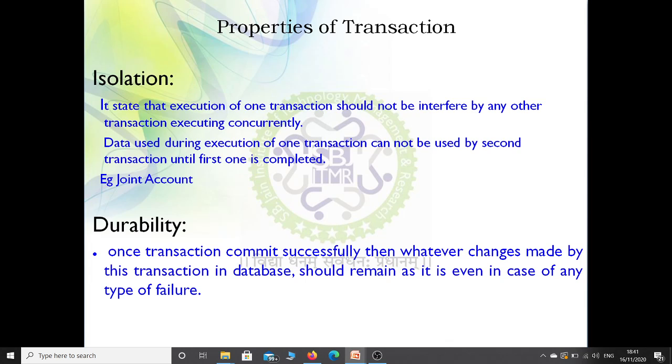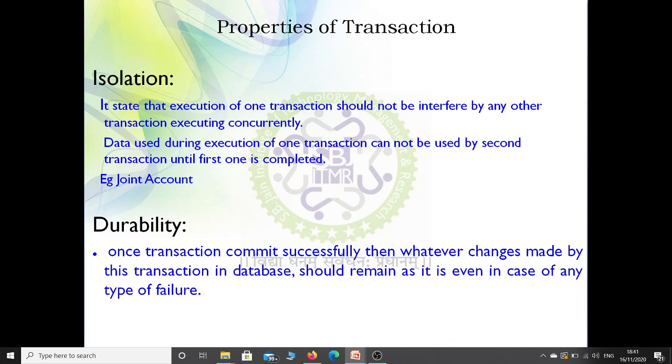In the same way, a particular data item can be used by only one transaction at a time. Otherwise, only one ticket is available and it is being booked by n number of passengers. Is that happening? No, because only one person can book a particular ticket and the others will get a waiting ticket. So this is the isolation property, and it is maintained by a concurrency control mechanism that we are going to learn.